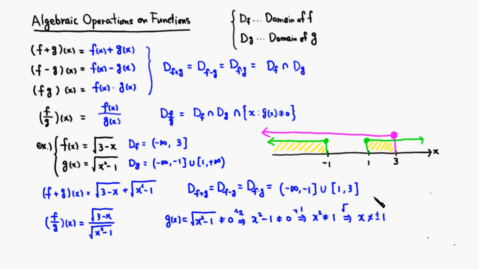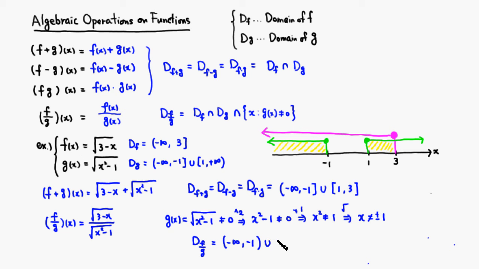Since -1 is included in the earlier domain, and +1 is also included, when you look for the domain of f over g, this would be from negative infinity to -1, but instead of the square bracket, we use a right parenthesis to exclude -1.